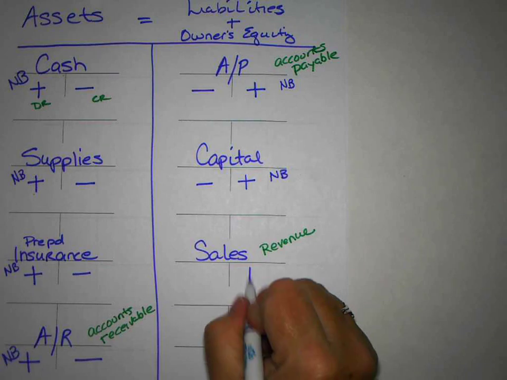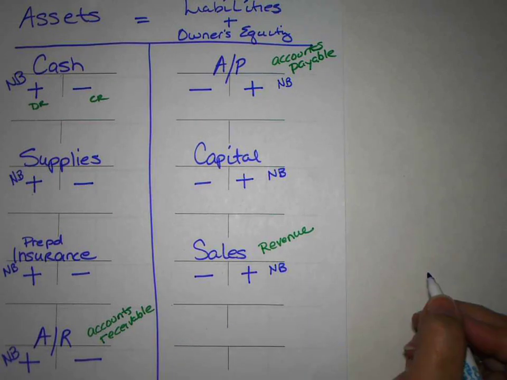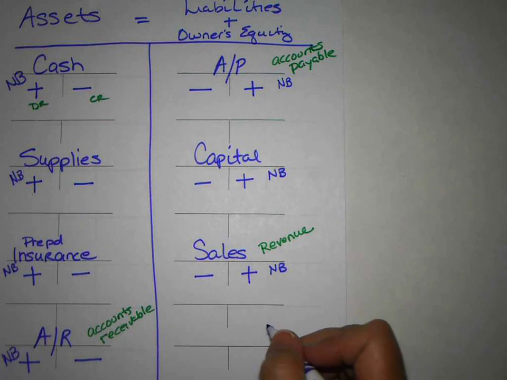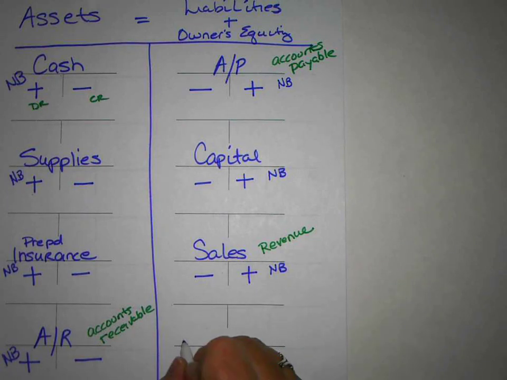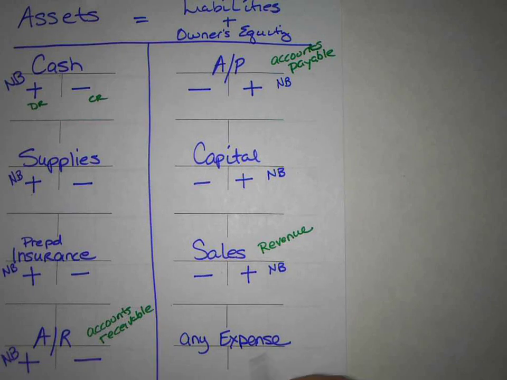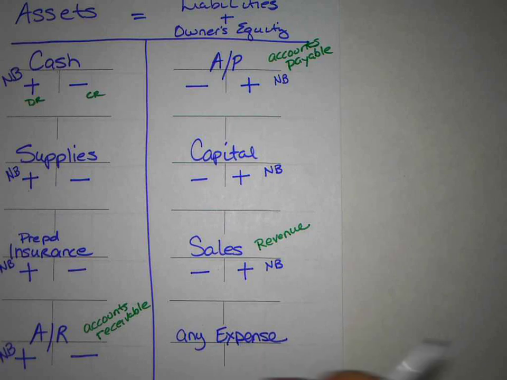Okay, again, plus and minus. Normal balance side is a credit. And this is the terminology you need to start thinking in and talking in. Any expense, and when we really start looking at account titles, we're always going to have the word expense. We're going to have rent expense, utilities expense, what other kind?